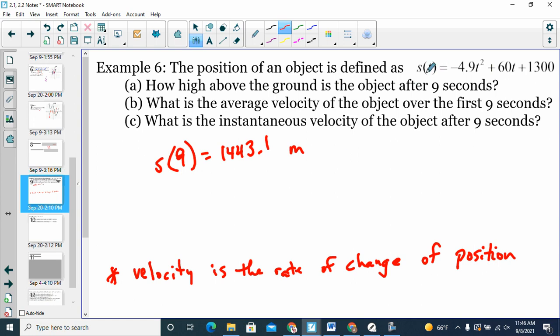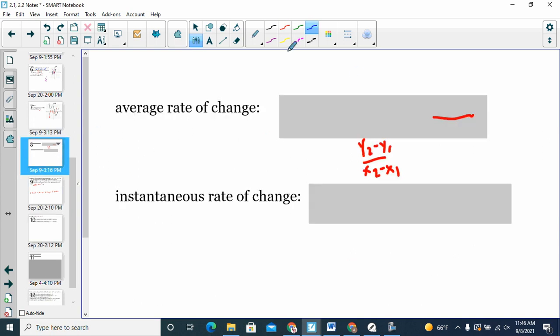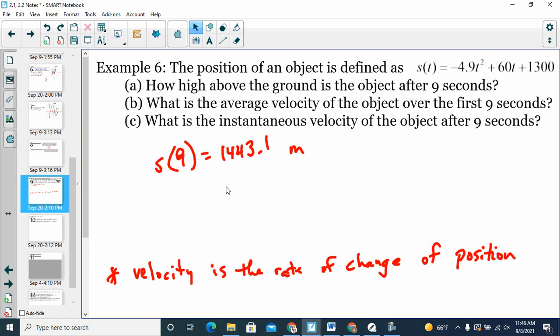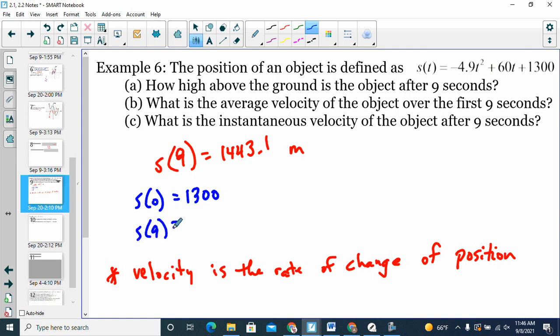So what we're going to do is get 2 points and find the slope. To find average rate of change, we find the slope. So I need 2 points. The first point, I'm looking at the first 9 seconds, so time starts at 0. That's going to be 1,300. The second point is S of 9, which we already found.